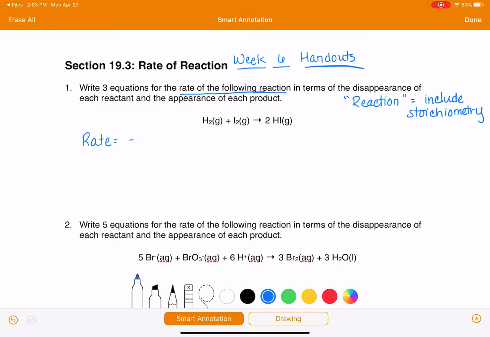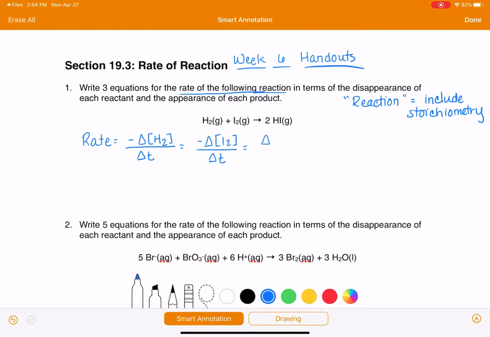For our reactants, the change in concentration is going to be a negative number, and we want the negative sign in front to make the whole thing a positive number. The stoichiometric coefficients of both of our reactants are 1, so we don't have to factor that in anywhere.